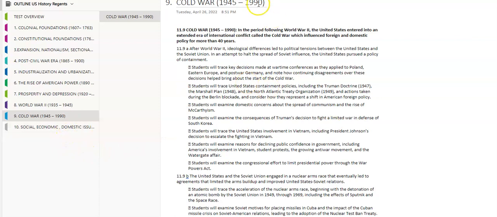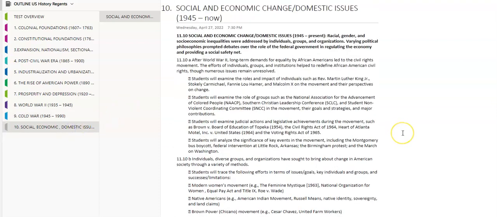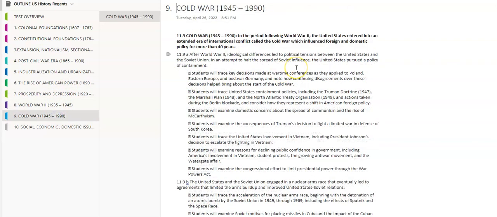1990, of course, really starting in 1989, that all starts to fall apart. The Soviet bloc falls apart. Eventually, the Soviet Union falls, and so from 1990 on, things have been different. Well, we also talk about social and economic change and domestic issues. So the Cold War is really about our U.S. foreign policy after World War II.